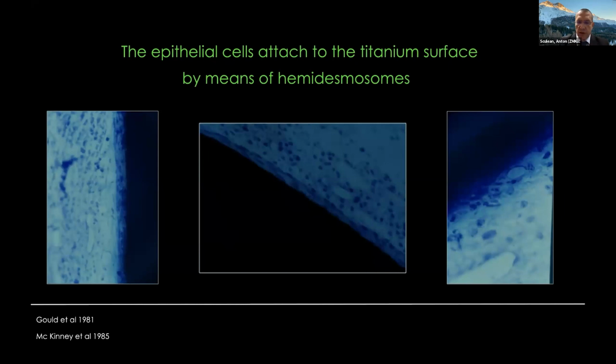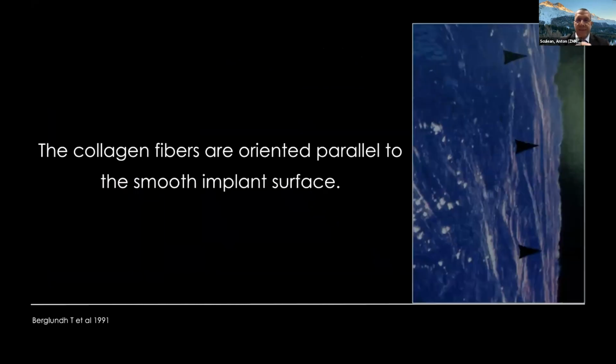When we look into a more apical direction, we realize that we have the collagen fibers, and these collagen fibers are oriented parallel to the implant surface. And of course, they are directed towards the bone, but they do not insert, like, for example, Sharpey's fibers, into the surface of the implant.